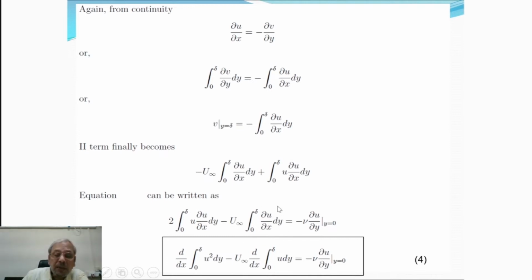Same Leibniz rule can be applied here, that is u infinity d/dx of the integration 0 to delta u dy equal to minus nu ∂u/∂y at y equal to 0. This is basically the momentum integral equation for a surface where dp/dx is 0. For a zero pressure gradient surface, or flat plate, we write this equation which is the momentum integral equation.